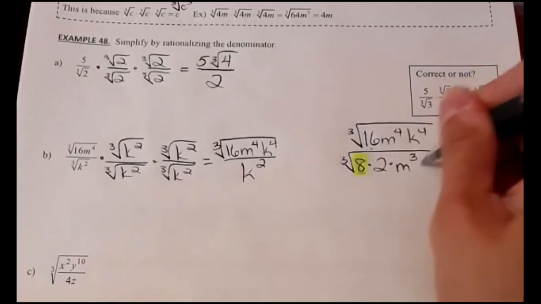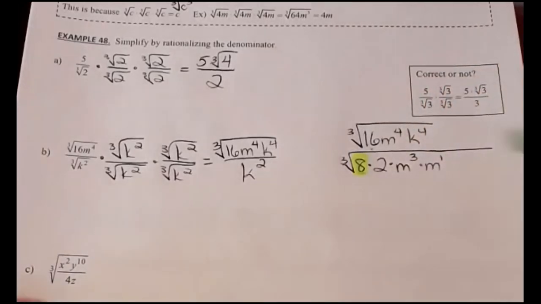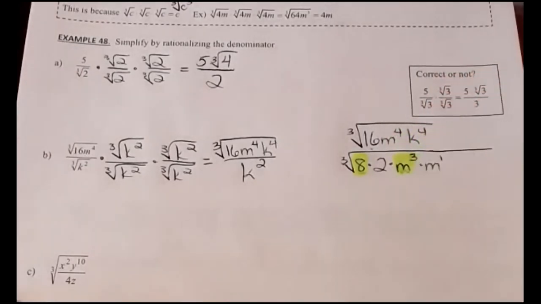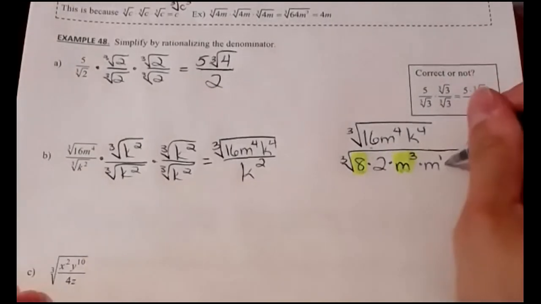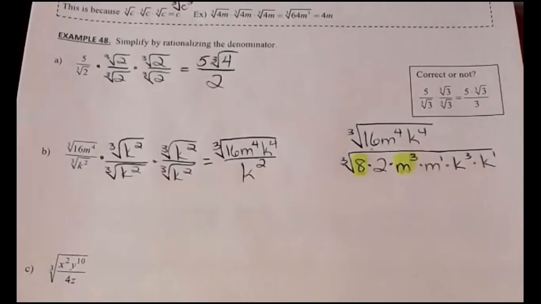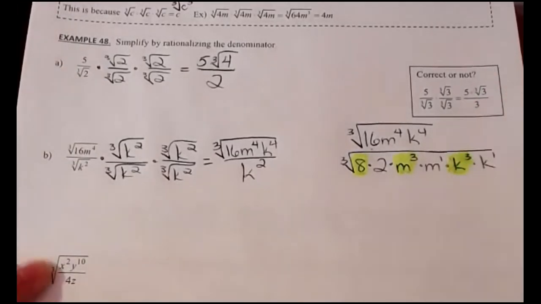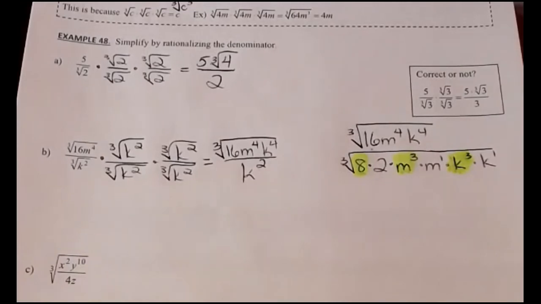That's going to be m to the 3rd and m to the 1st, right? Because we're looking for a perfect cube. And then k to the 4th, well, that breaks down to k to the 3rd and k to the 1st. Again, same idea. We've seen this a bunch of times already. Cool.